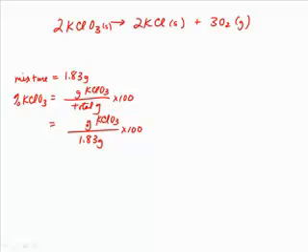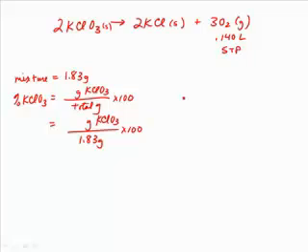And so the thing to remember here is that when we heat this mixture up, only the potassium chlorate is going to be decomposing and producing the oxygen gas. So all of this oxygen gas we have, which is 140 milliliters, which is 0.140 liters at STP, all of that gas came from the potassium chlorate.